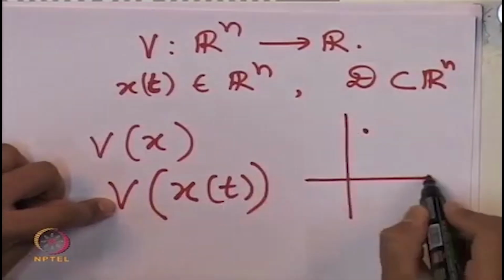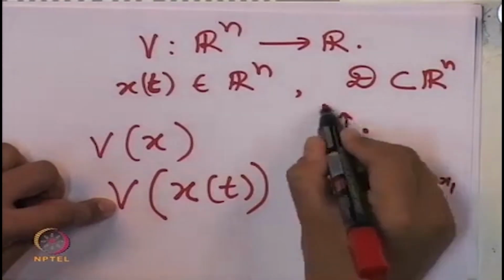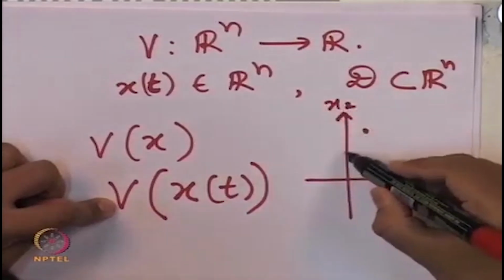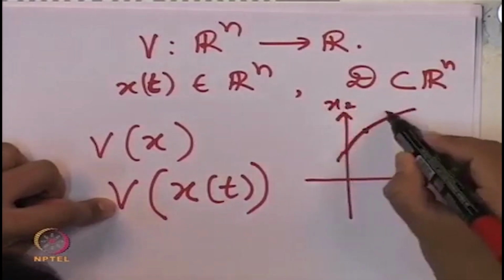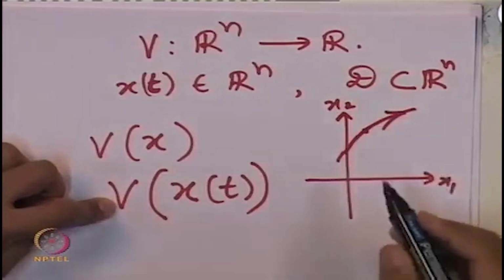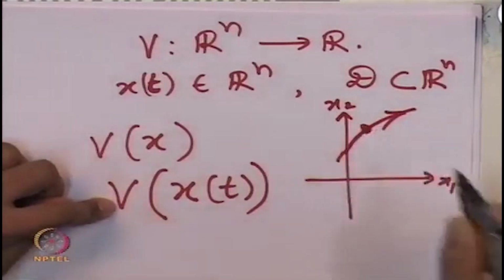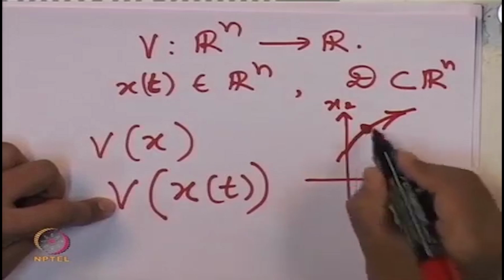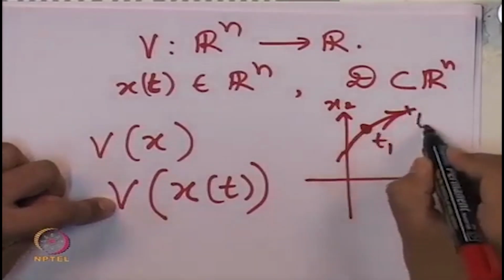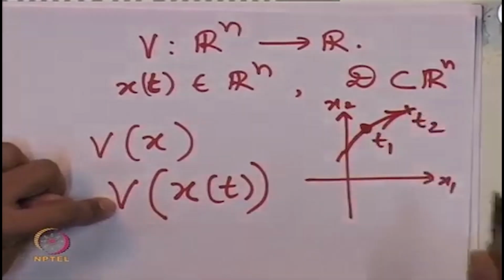Suppose this is our phase space, this is x1, this is x2, and this is some point, and this is a trajectory that is evolving with respect to time, and at some time t1 it was here, at another time t2 it has moved to this point.